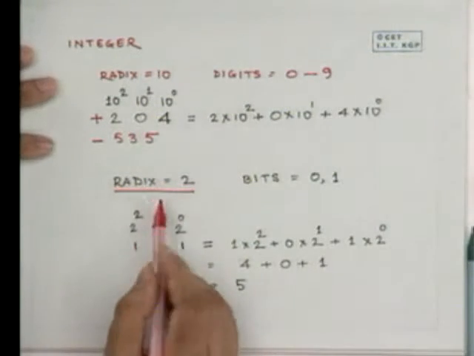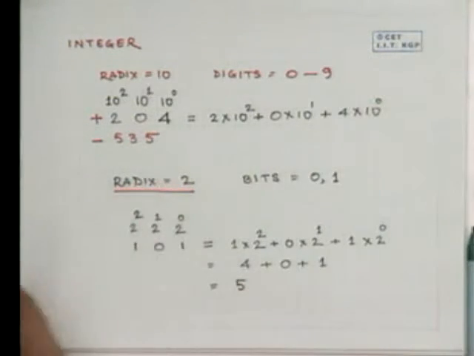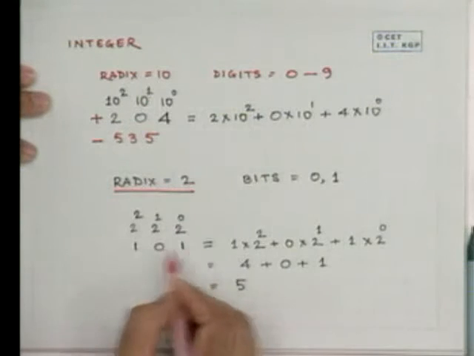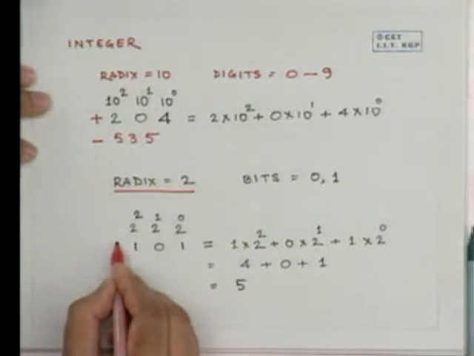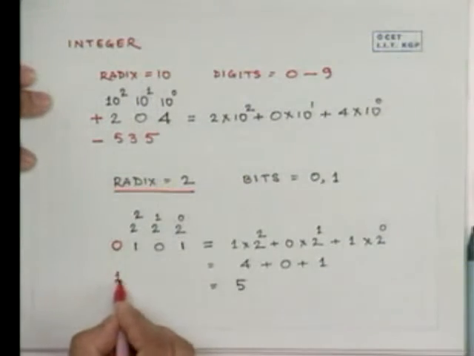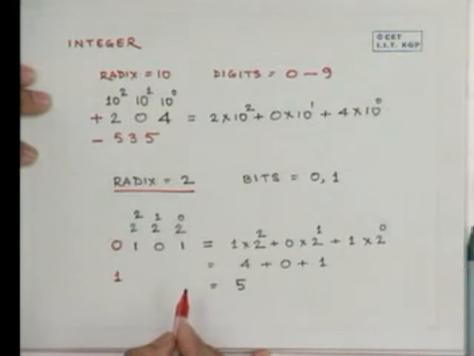In the case of a binary number, the sign can be represented with a sign bit. We say 0 means a positive number. If we say 1, then we call it a negative number.